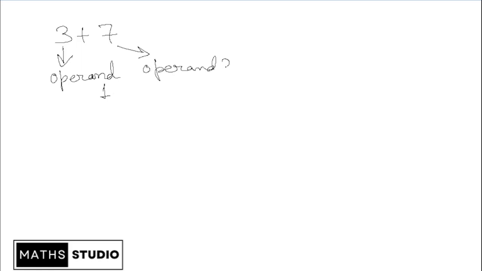Okay, by the way, suppose we are taking 3 plus 7. This is known as operand. Okay, this is operand 1, this is operand 2. And the one that acts on these two operands is known as the operator.